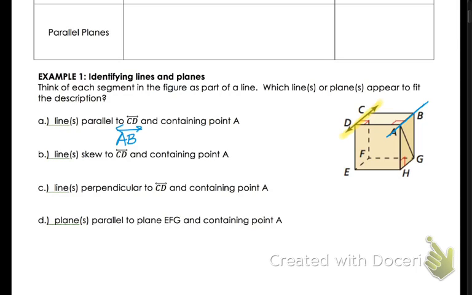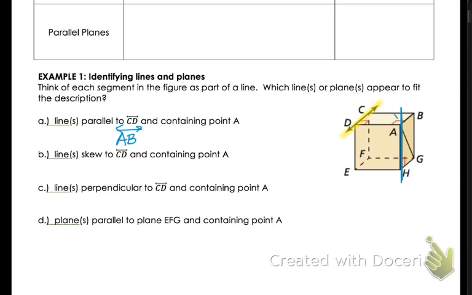Now for question B, we want lines skew to CD and containing point A. Well, there's multiple answers for that one. There's actually two. We could have line AH right here, because you can see this would be like the ceiling and then the back corner of the room.